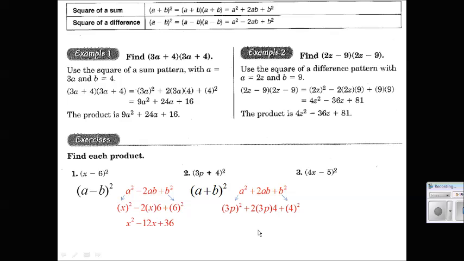Well, what is 2 times 3p times 4? There we go. So I can go straight from this to this using my rule. The a squared, the b squared, and 2 times 3p times 4.